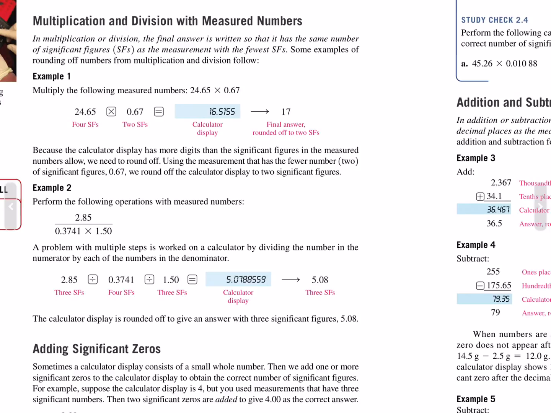The calculator display is 5.07885559, but the lowest number of significant figures is 3. 2.85 has 3, 1.50 has 3, and so you round to 5.08, 3 significant figures. The calculator display is rounded off to give an answer with 3 significant figures, 5.08.